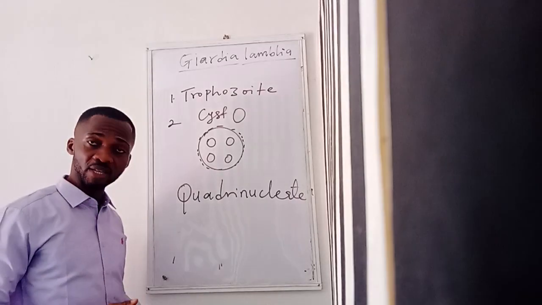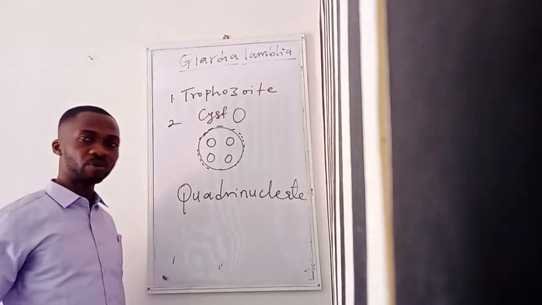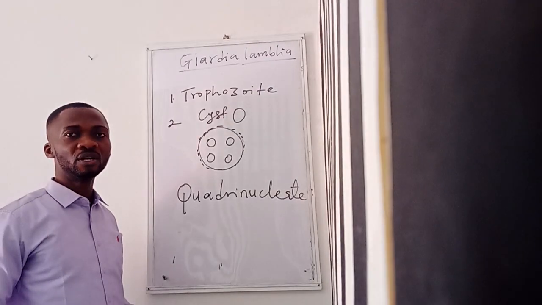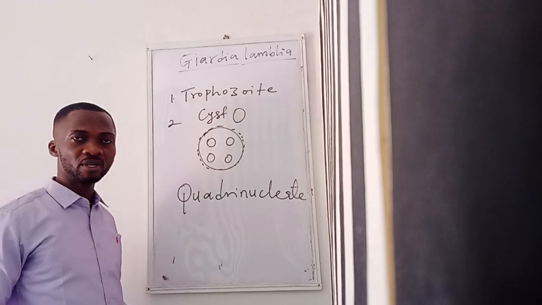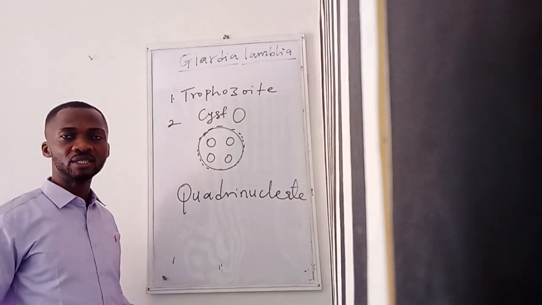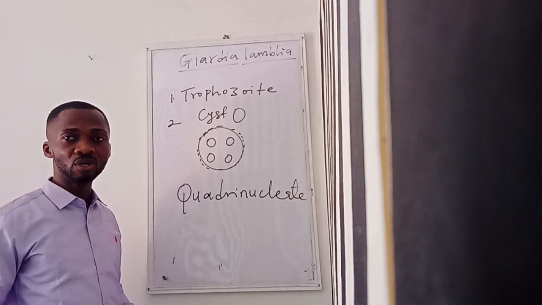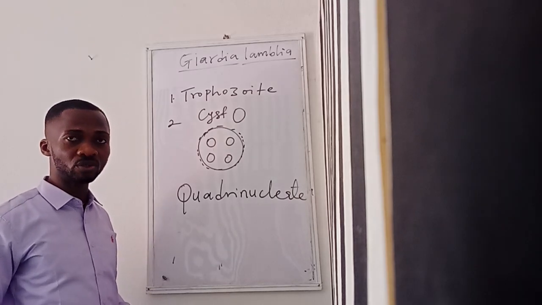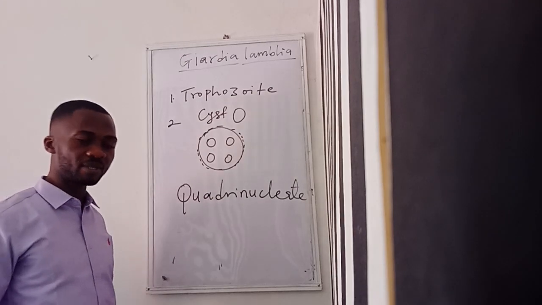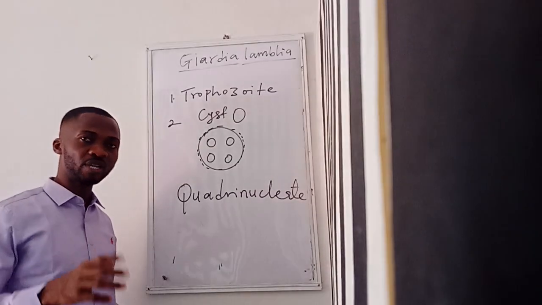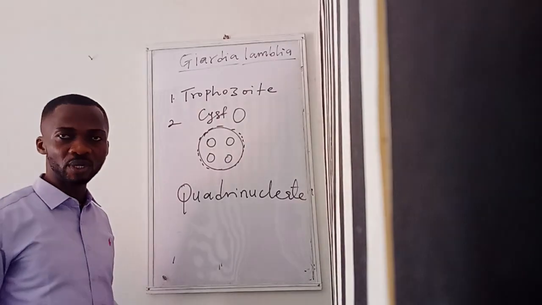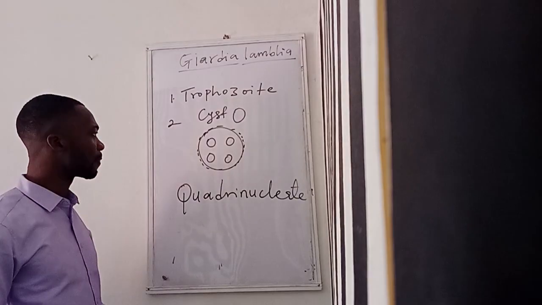Once the four nuclei are formed, the process of encystation is completed before the parasite can leave through the feces to the external environment. Because if a cyst is not formed and the parasite leaves, it can be damaged or killed through adverse environmental conditions. That is why the formation of cysts is triggered, to protect the parasite when it eventually leaves the body of the host.